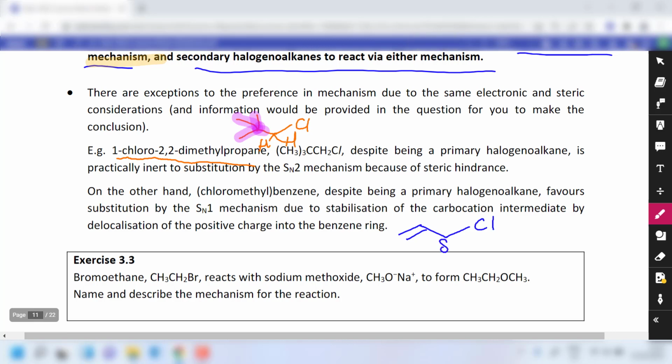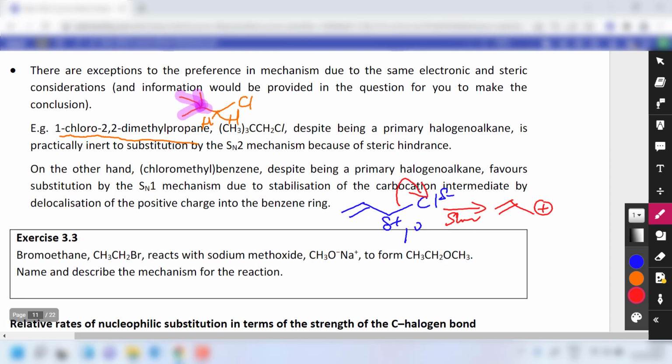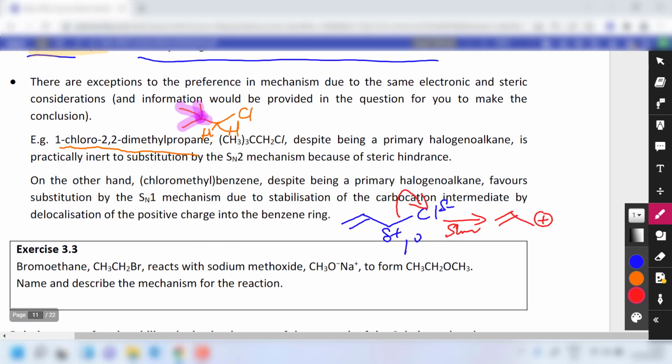So there's a delta plus here, delta minus. This is also considered primary. It can undergo nucleophilic substitution via SN2, not a problem at all. But SN1 is also not an issue, because if the C-Cl bond breaks, you'll notice that it's able to generate this particular carbocation, and it's actually quite stable.